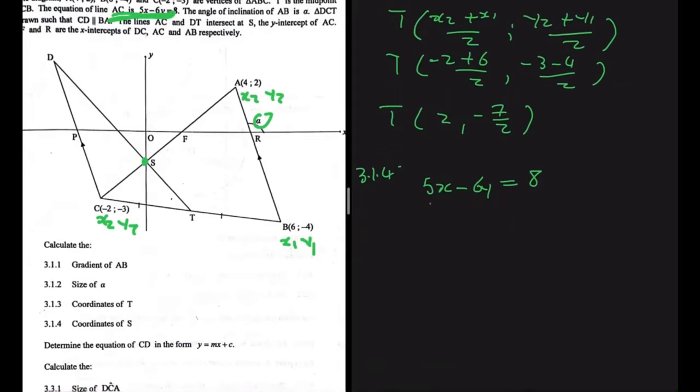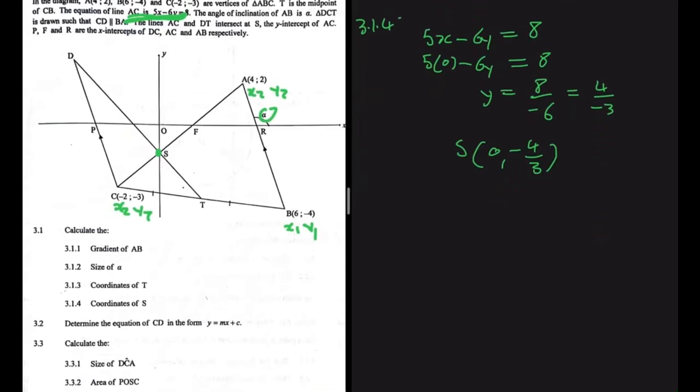We get 0 minus 6y equals 8, so the 5x falls away. So y equals 8 divided by minus 6. If we divide everything by 2, we get 4 divided by minus 3. So the coordinates of S are 0 and minus 4 divided by 3.